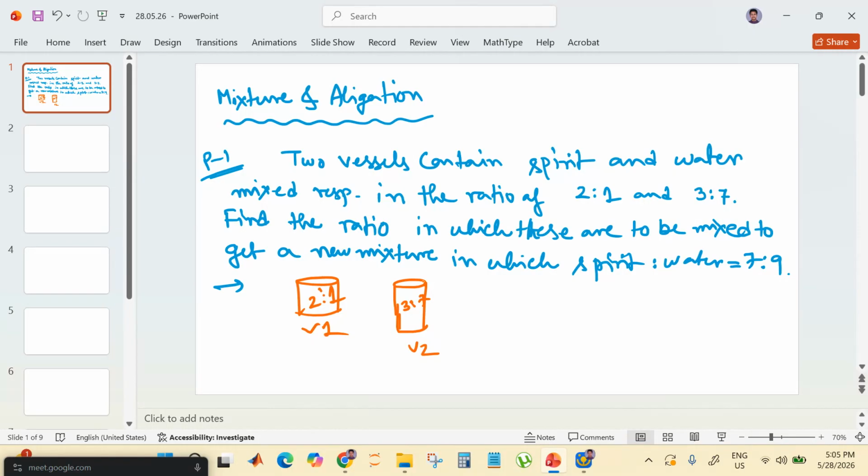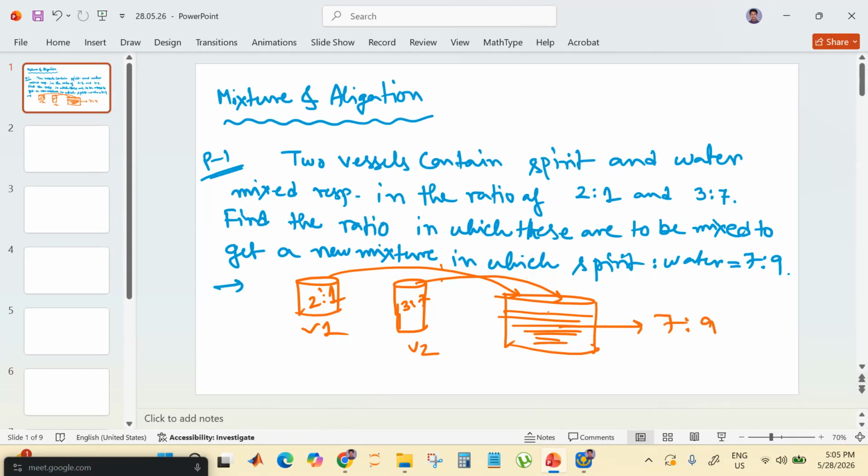You have to make a new mixture using these two mixtures, vessel 1 and vessel 2. What is the ratio in which these two will be poured into this new vessel so the ratio becomes 7:9 in the new mixture? Suppose it is x is to y, so you have to find x is to y.